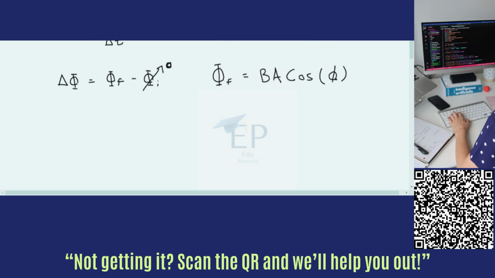So knowing that, we can plug that into our equation here for the induced EMF. We'll have that the induced EMF is minus n over delta t times BA cosine theta, or cosine phi.